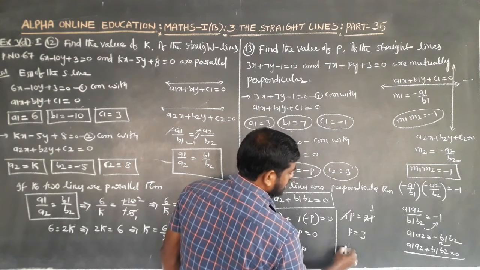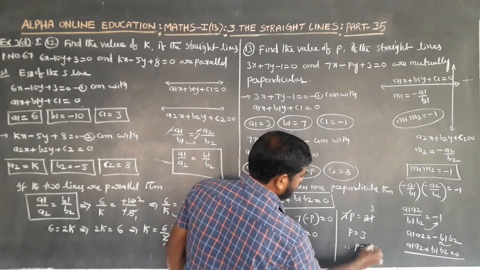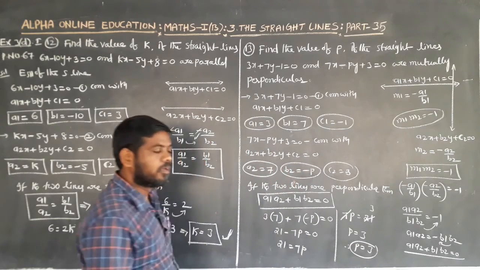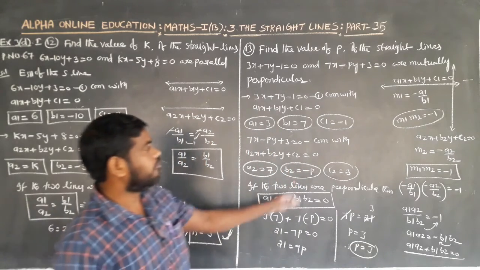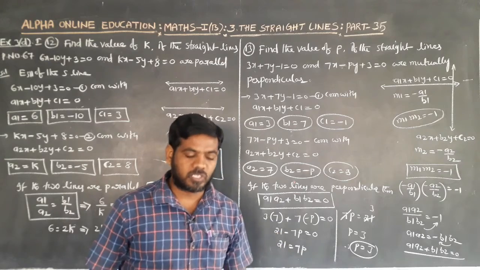So P is equal to 3. If the two lines are perpendicular, then the value of P is 3.